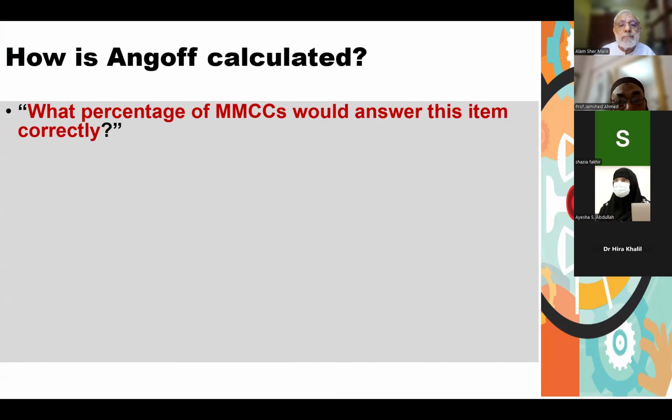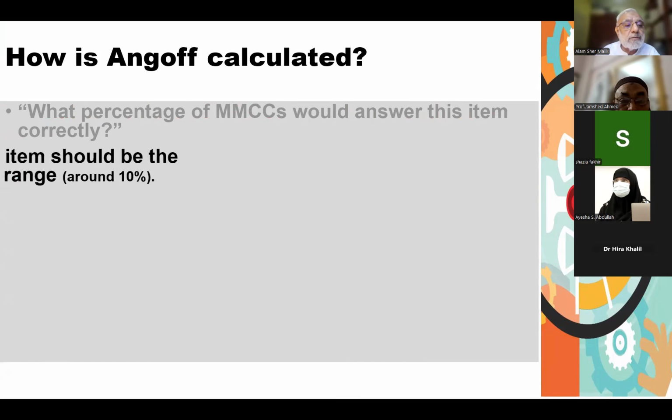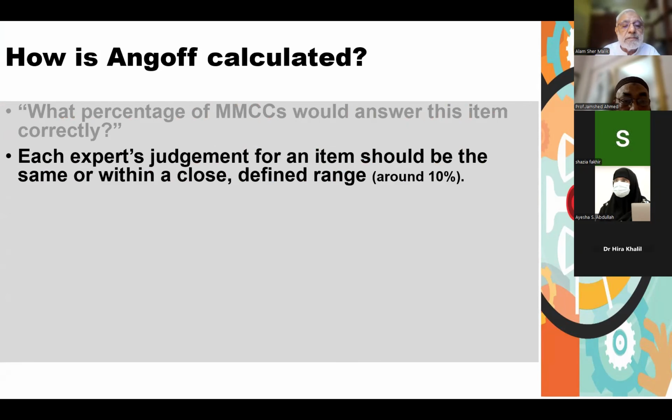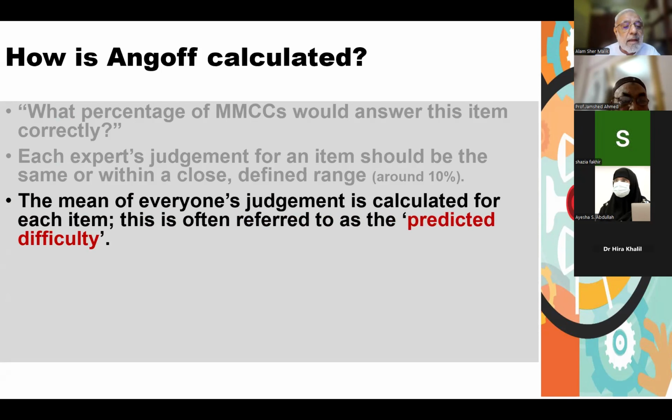I think this part we have in a way done already: what percentage of minimally competent candidates would answer this item correctly. That's the first question. Each expert's judgments for an item should be the same or within a close range. If the difference of opinion between the two SMEs is less than 10%, then we can take the average. But if it is more than 10%, then we ask them to discuss again and come up with a consensus.